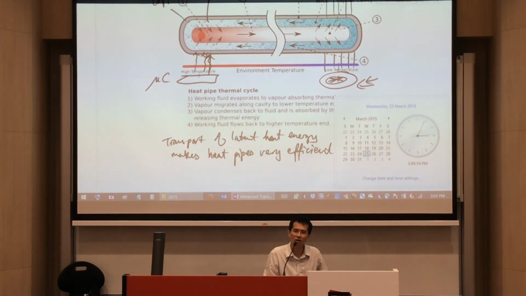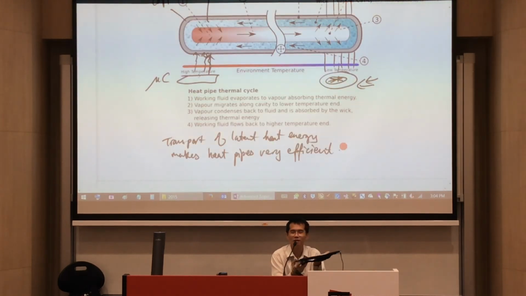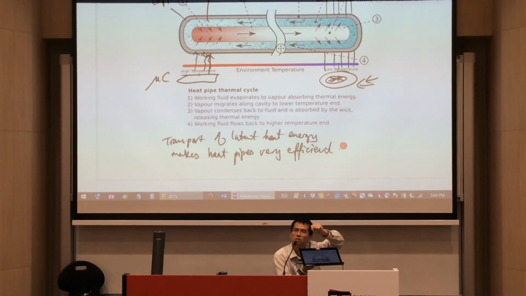What happens if I have the laptop that I place upside down? So now it's upside down. If I place this upside down, how can this liquid alcohol that has condensed move back to the heated pipe via the wick?